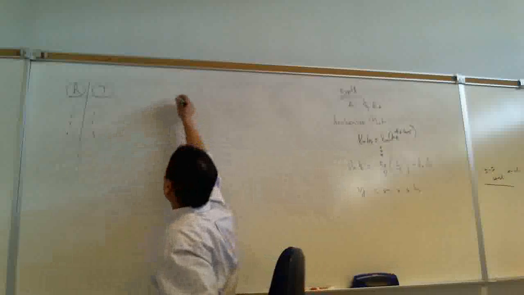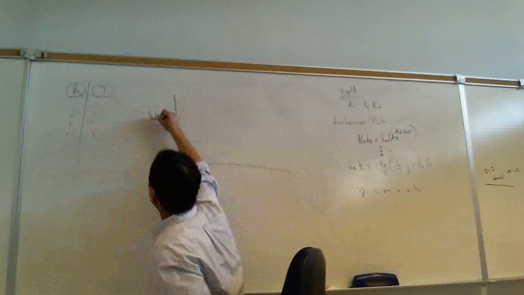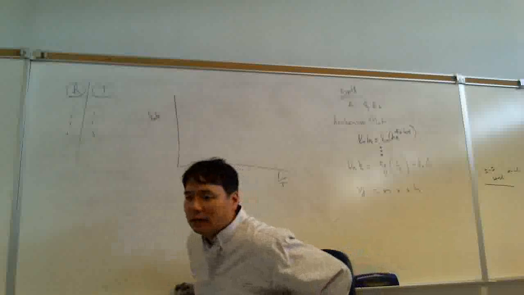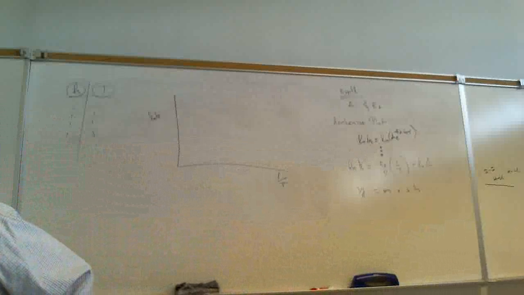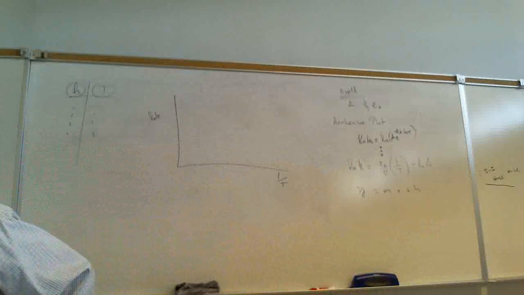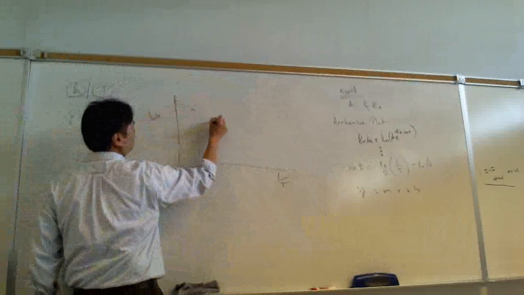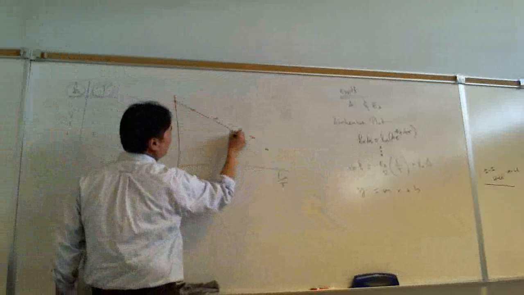So we have K versus T, and then we take the ln of K and plot that versus 1 over T. We generate a plot, we just collect the data, and it should be a straight line.